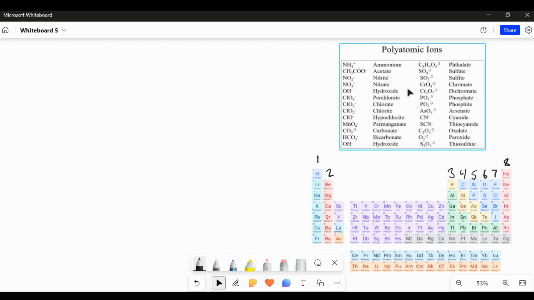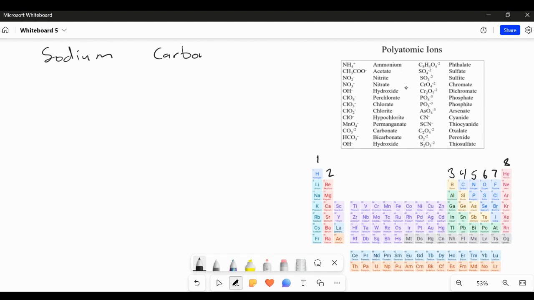Let's start with a pretty straightforward example. Let's say we wanted to form an ionic compound that was made from sodium and carbonate. I guess I should just write out the name. Okay. If we were to write out the ionic symbol, sodium being monoatomic is pretty straightforward.